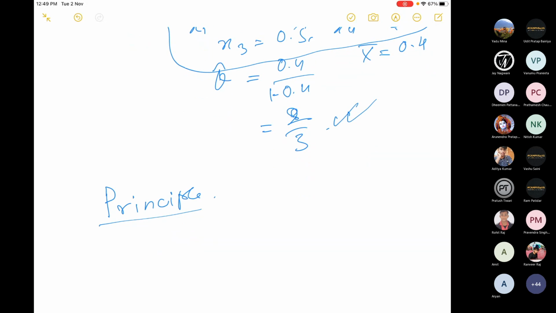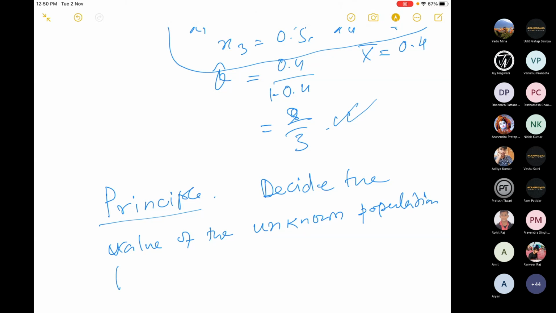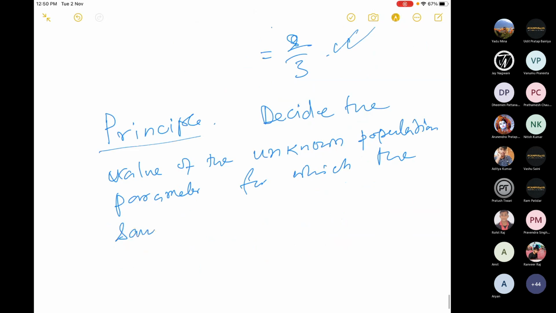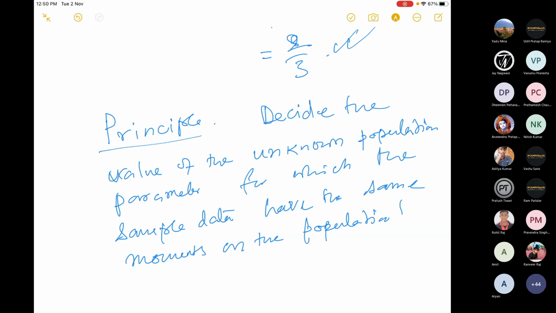The principle here is: decide the value of the unknown population parameter such that the sample data, or observed data, and a better word is sample data, have the same moments as the population. This is the basic principle on which this method stands.